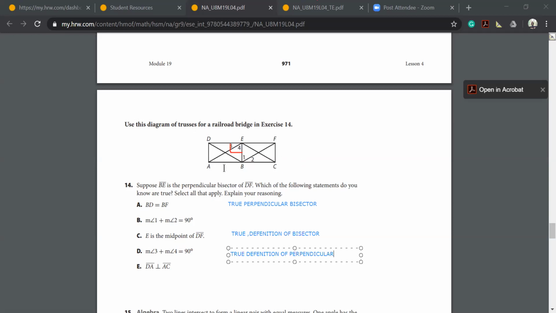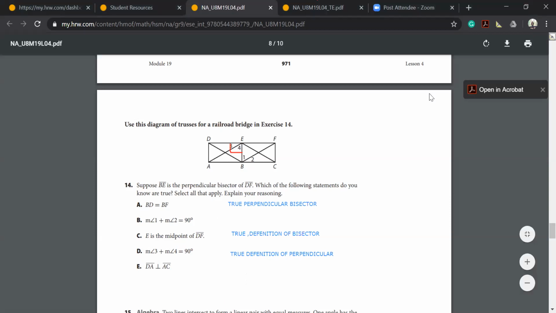Is the information here enough? No, it's not enough for me to make sure that they are perpendicular. So the information here is not enough for me to say that this is true. So the only true statements I have are A, C, and D. Okay.